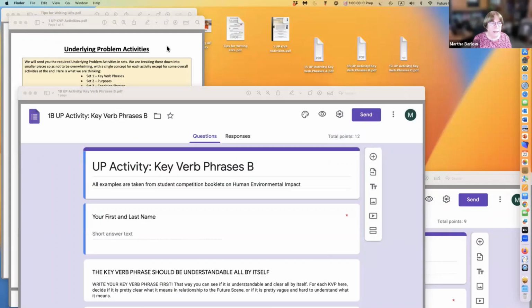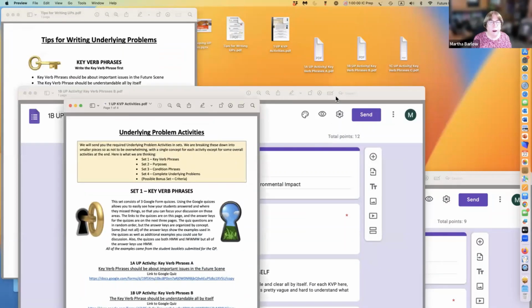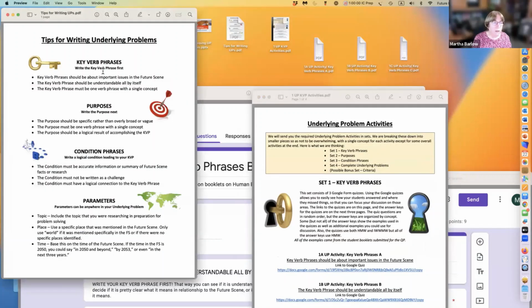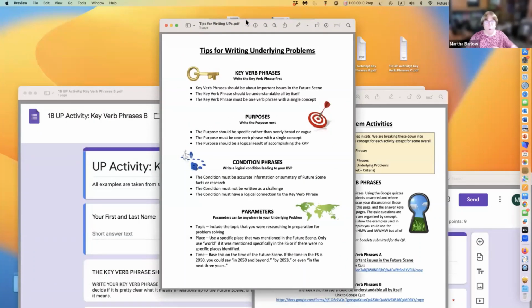So as I mentioned, there are quizzes for each of the concepts on this tips for writing underlined problems. So you would not just jump in and do all of these with the kids, but especially if you're preparing for IC, you might look at their past work and think, it seems like my students are sometimes writing a double key verb phrase or a double purpose.